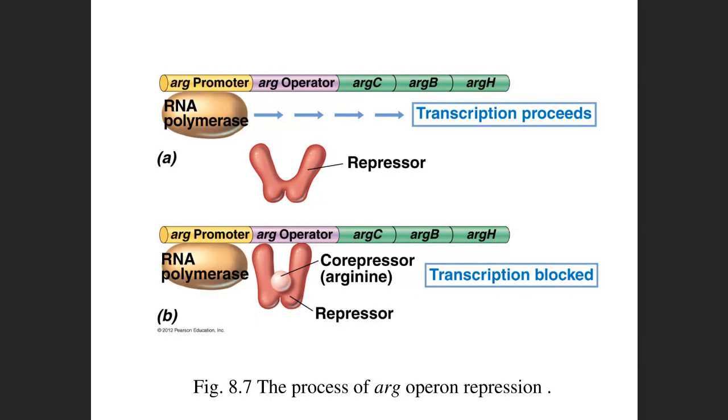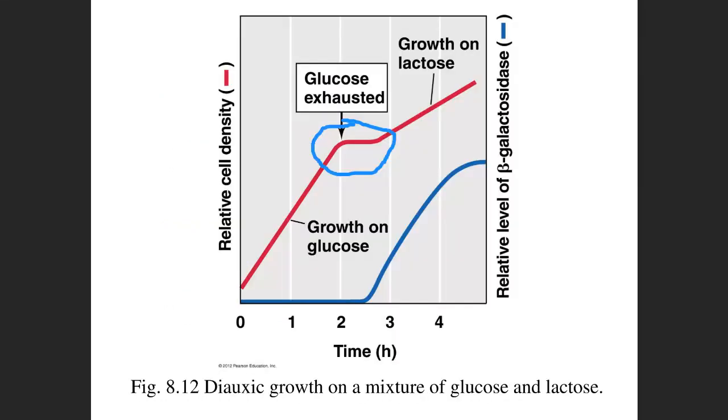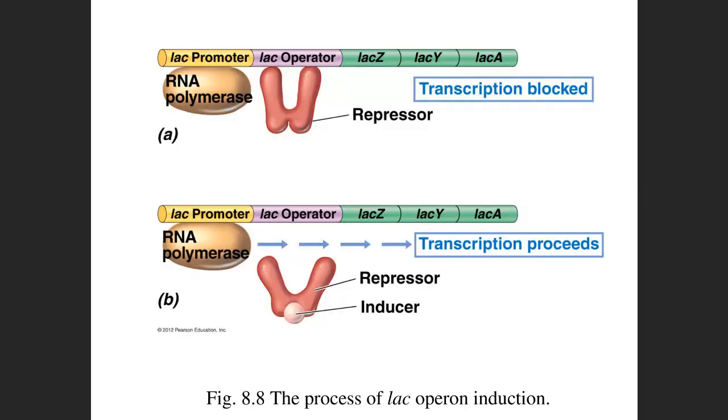So when we have the lactose and we have the glucose at the same time, the glucose will be like a co-repressor, right? Okay, wait, hold on. So Mamadou is asking the question of when we have glucose and lactose around.